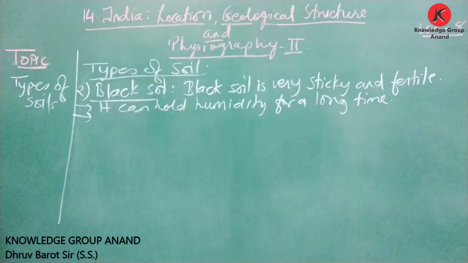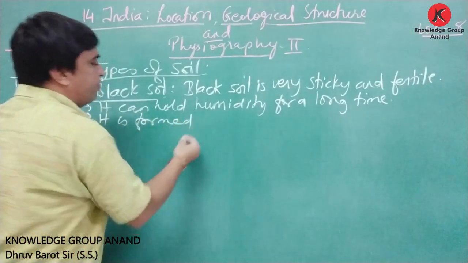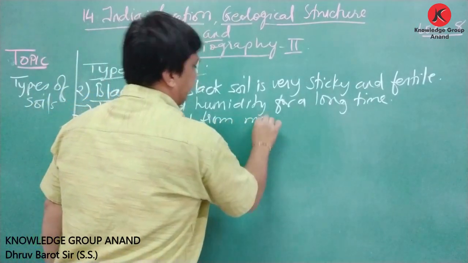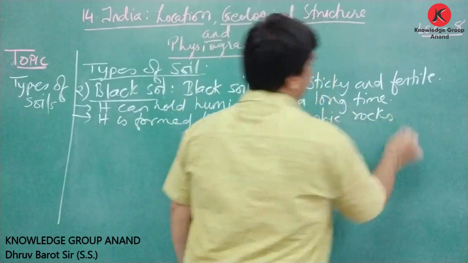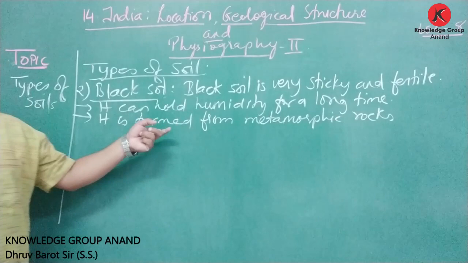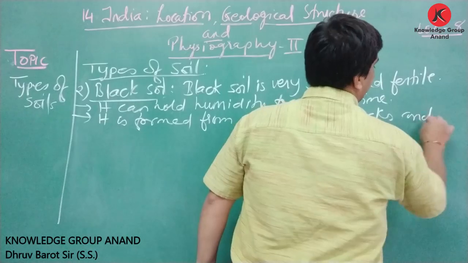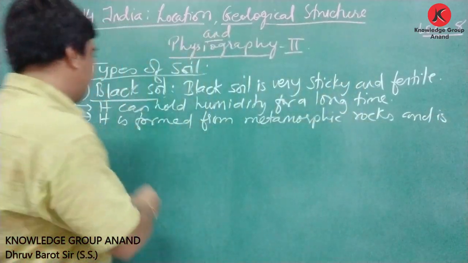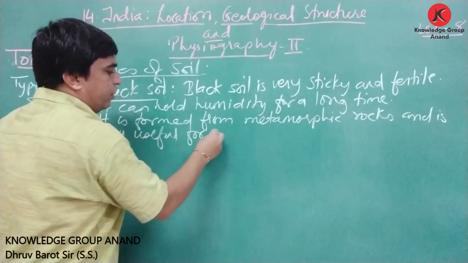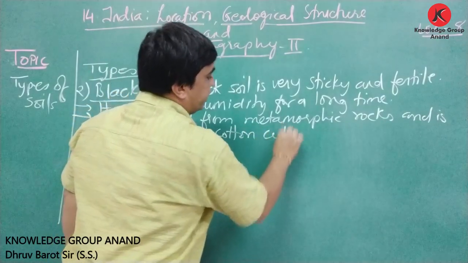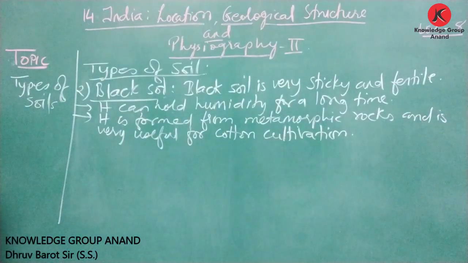Then we can say it is formed from metamorphic rocks. This black soil is formed from the metamorphic rock and is very useful for cotton cultivation.